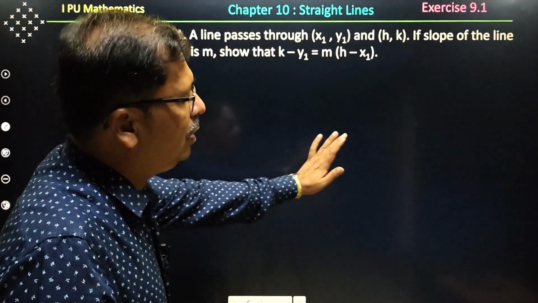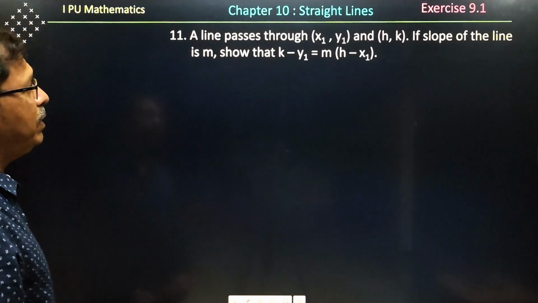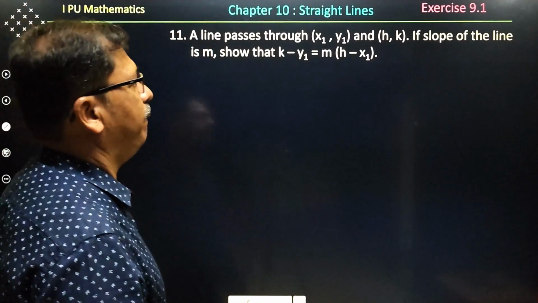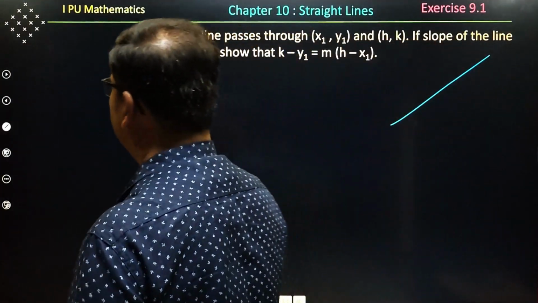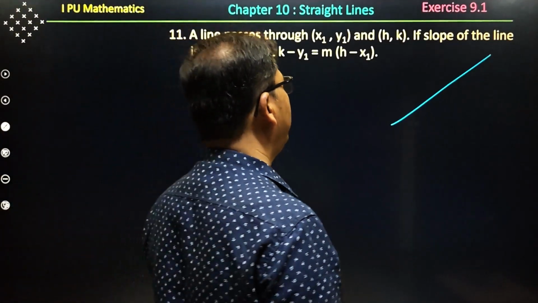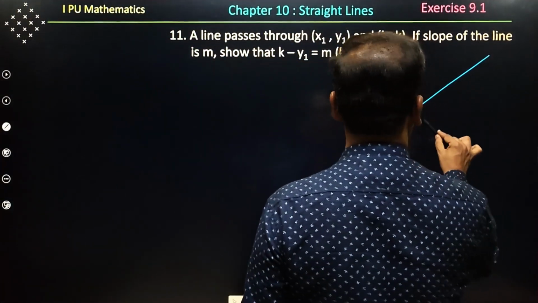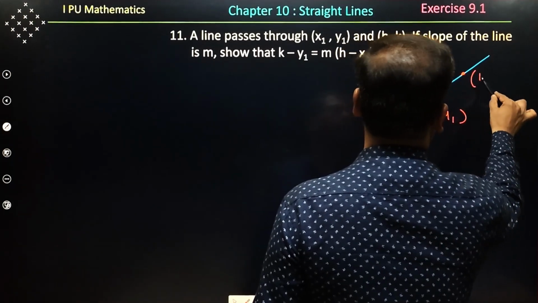See the next question. Another interesting question is there here. A line passes through x1, y1 and h, k. Here is a line passing through 2 points: one is x1 comma y1, another one is h comma k.